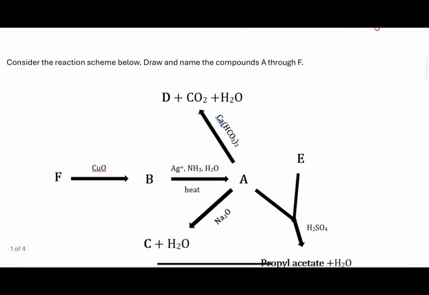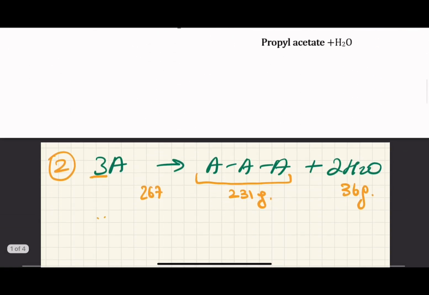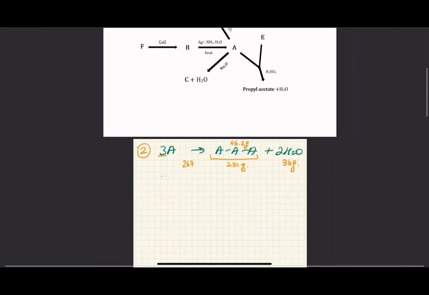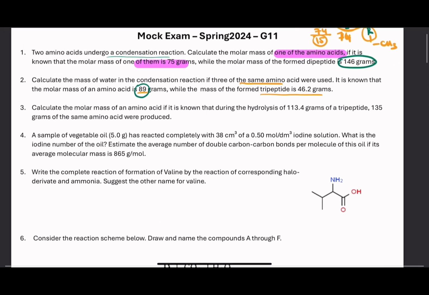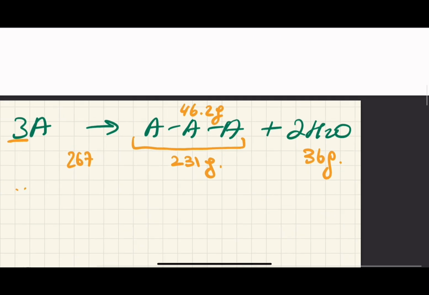Now let's say you're given a case where 46.2 grams of tripeptide is made, and now it's asking you to calculate the mass of water in that case. So they're asking for the mass of the water, so we put X grams in here. So now this is your condition.